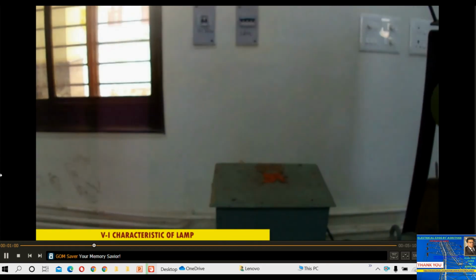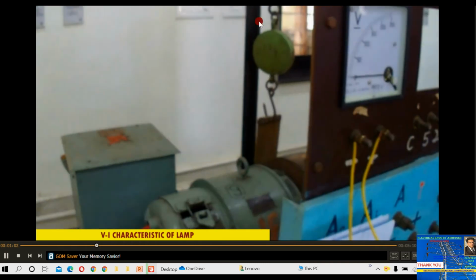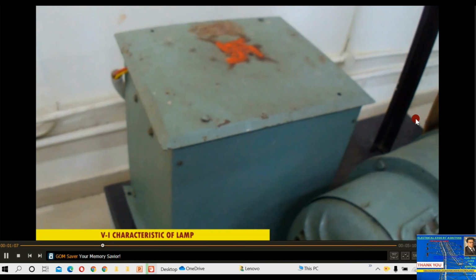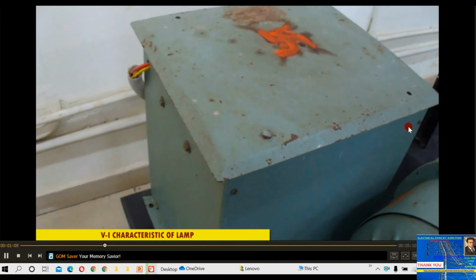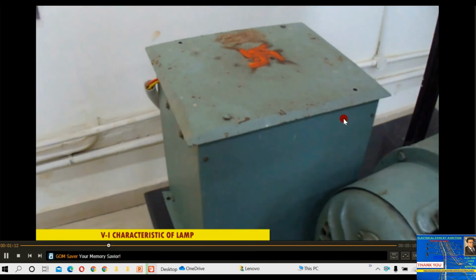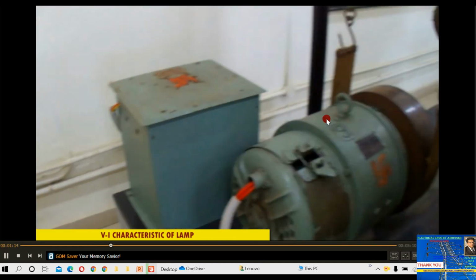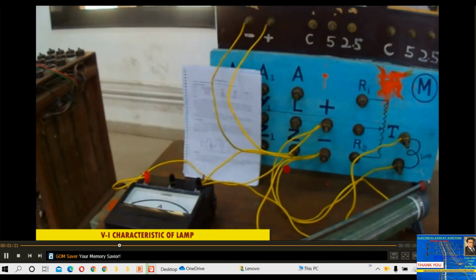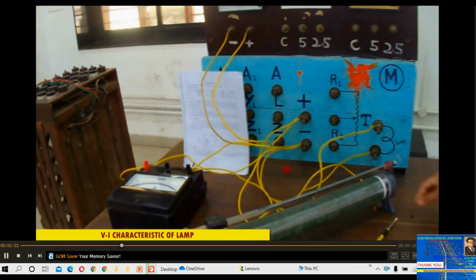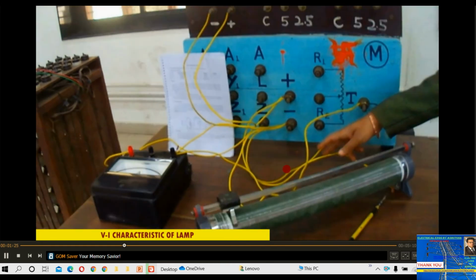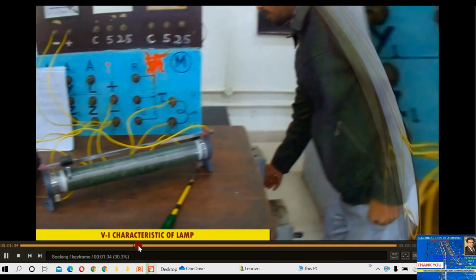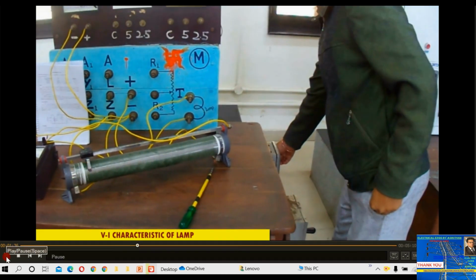Now we will switch on the supply from here. See here, now we are switching on the supply.